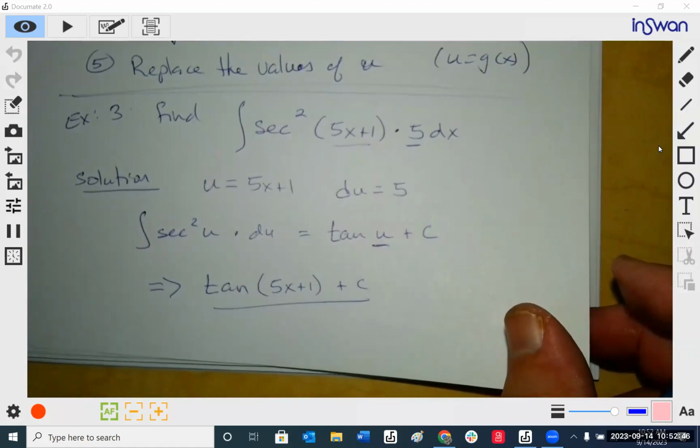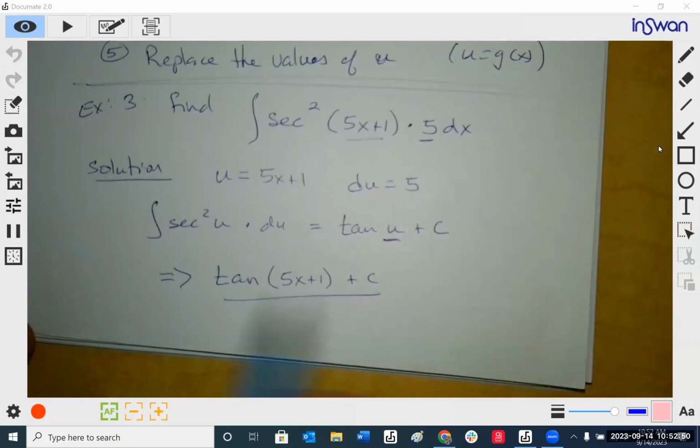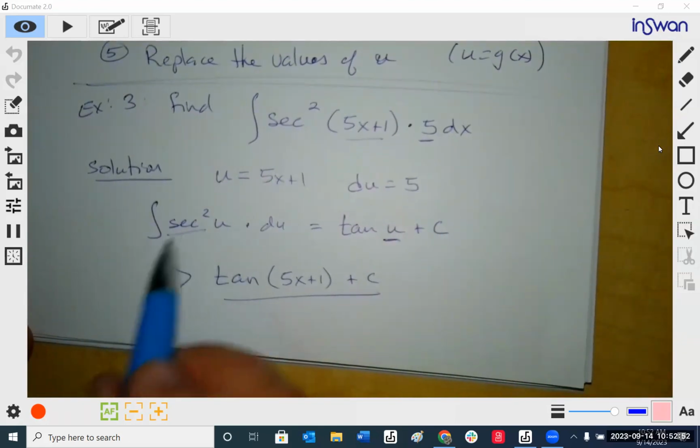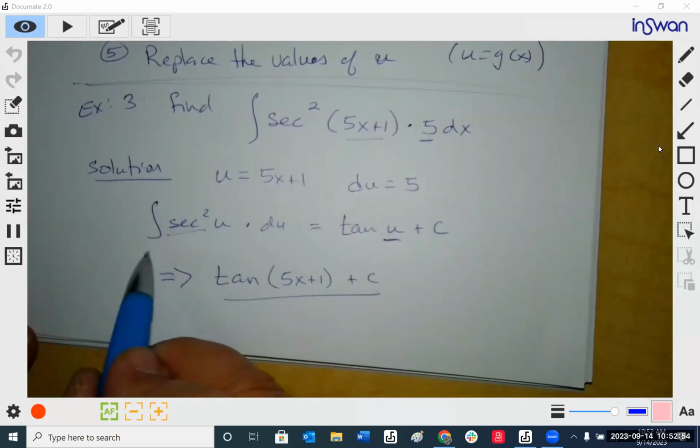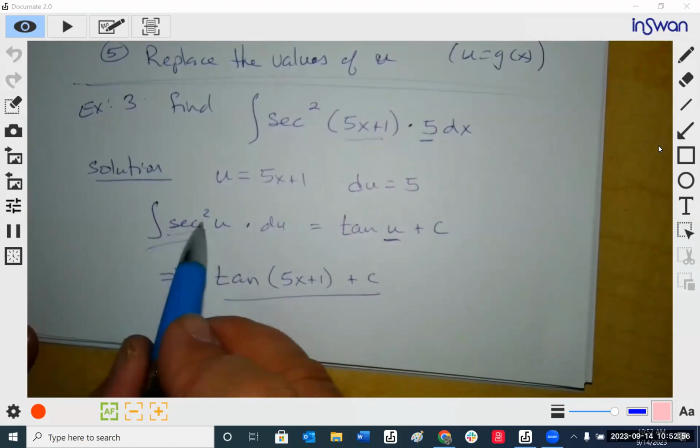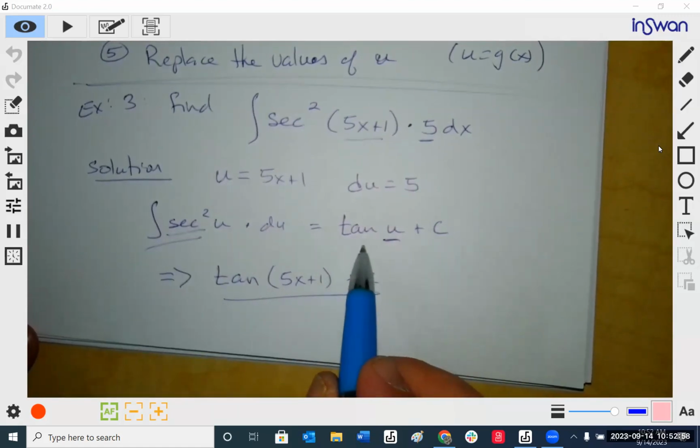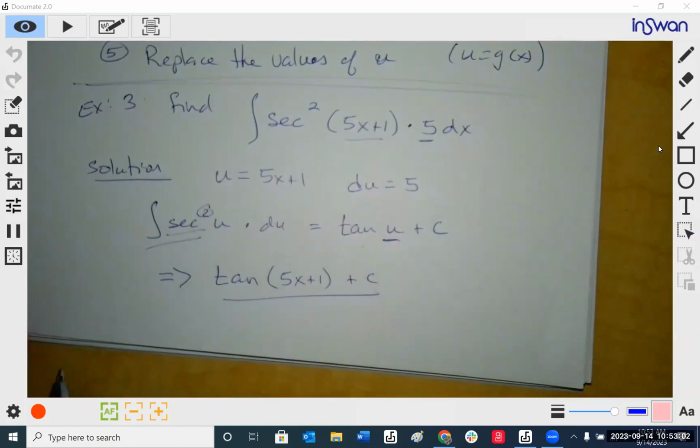Yes. This one? Look in the sheets I gave you. This has already been defined. The integral of secant squared is tangent. So there's nothing you have to worry about there. You don't have to do the power rule or anything.